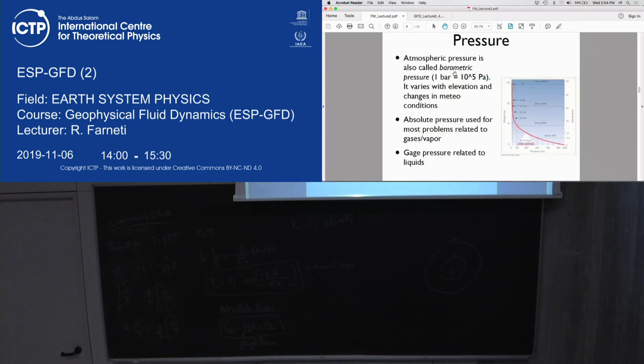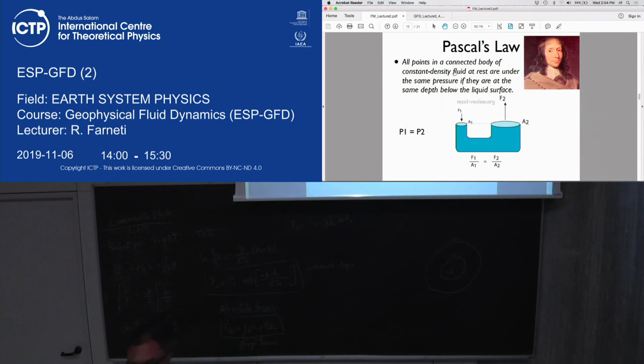Okay, now we're going to show another nice example still related to pressure, which is called Pascal's law. And that's Pascal, of course. Okay, so all points in a connected body of constant density fluid at rest, so we're still in static conditions, are under the same pressure if they are at the same depth below the liquid surface, because we saw that pressure is related to the head of the fluid.